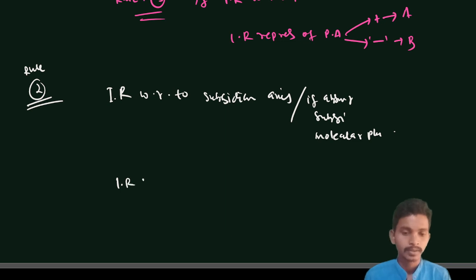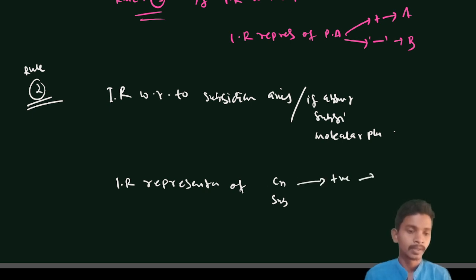Irreducible representations of the subsidiary axis, let's say any NC2 or any Cn that is not the principal axis, subsidiary. If it is positive, then 1, and if it is negative, then it is 2.